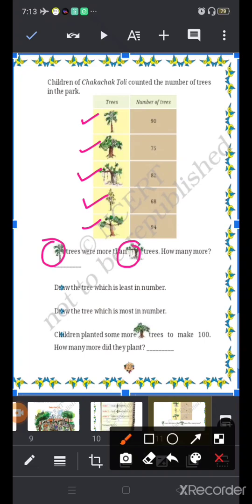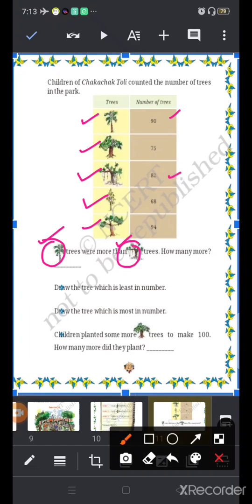First you will see what is the number of this tree and what is the number of the next tree. So the number of the first tree is 90, isn't it? And the number of this tree is 82. So what will we do?